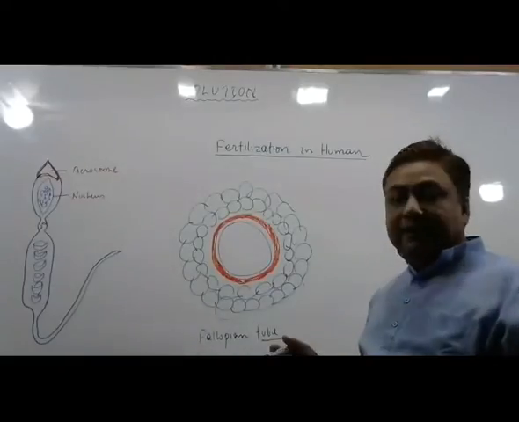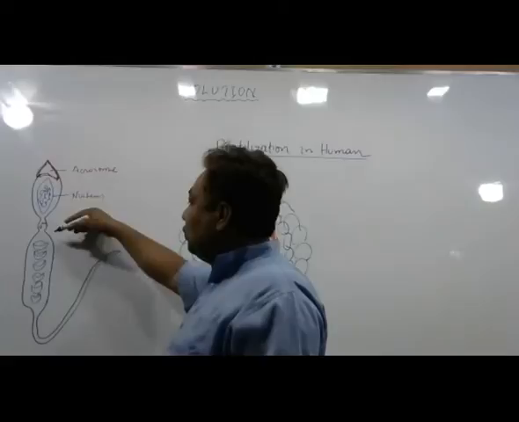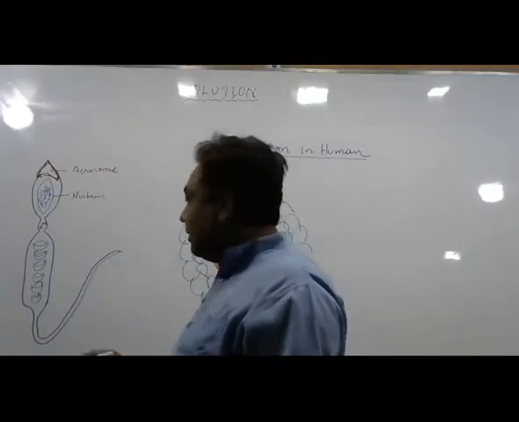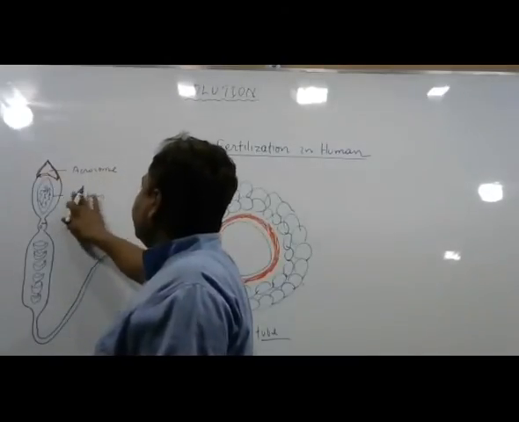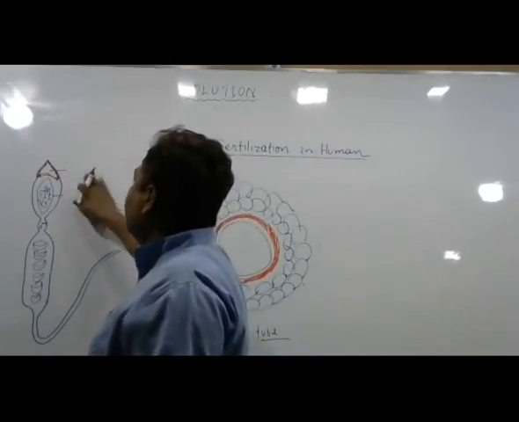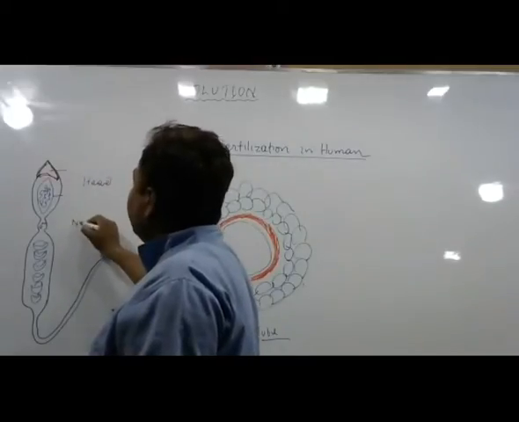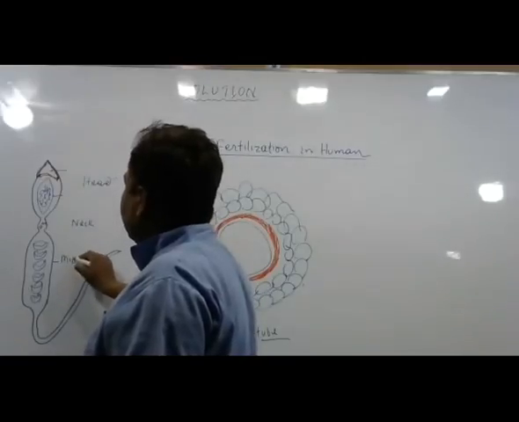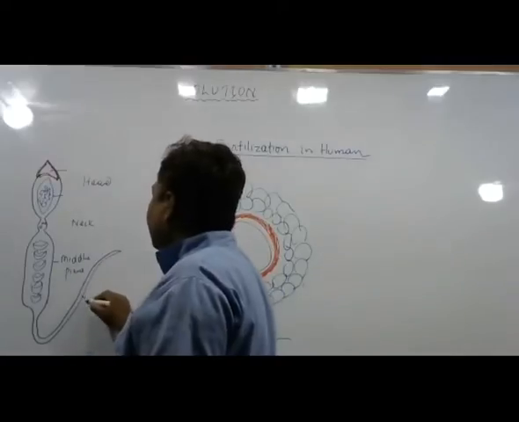So, basically, a sperm has 4 regions. What are the regions? Head region, neck region, middle piece, and the tail.